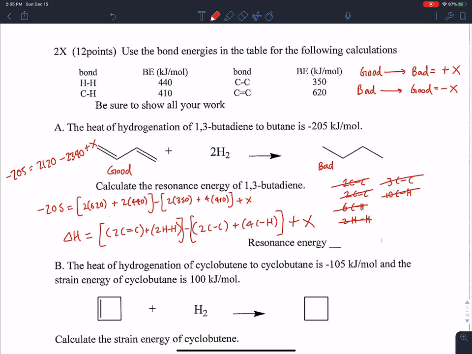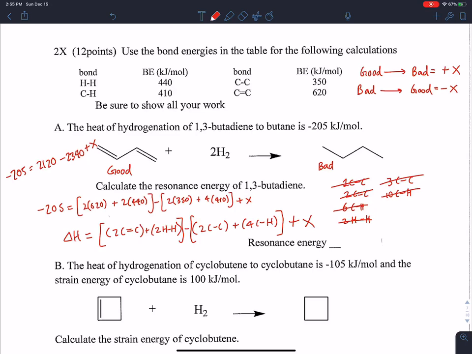2120 minus 2340 equals negative 220. So I go negative 205 plus 220, and I get 15.